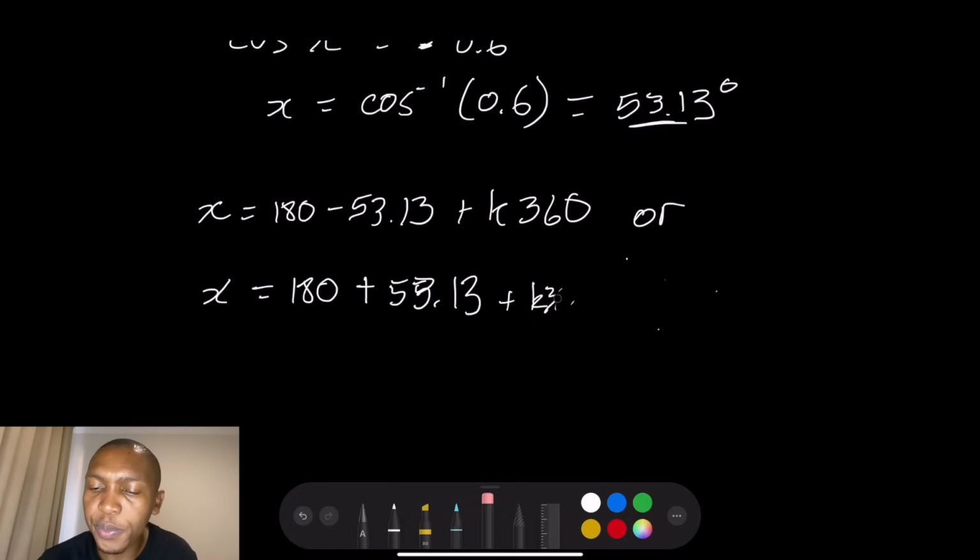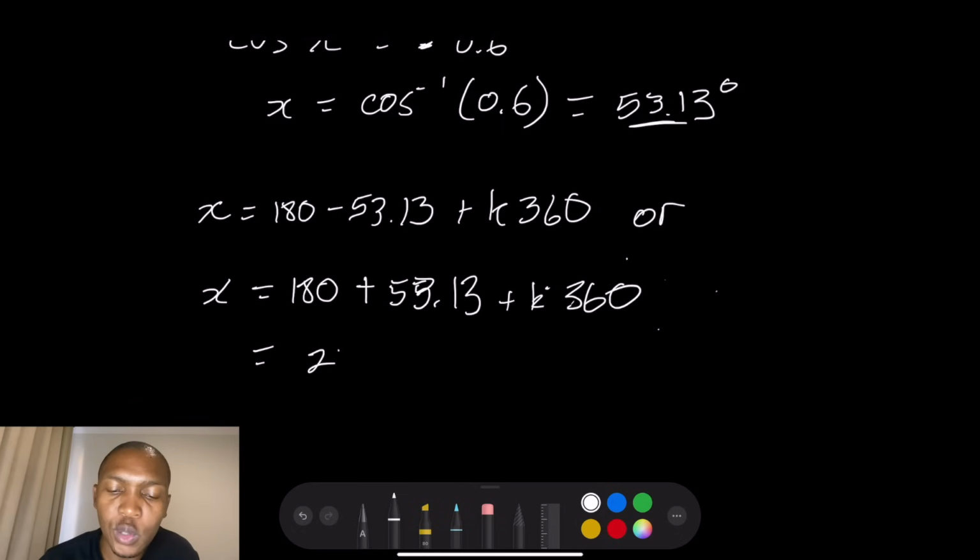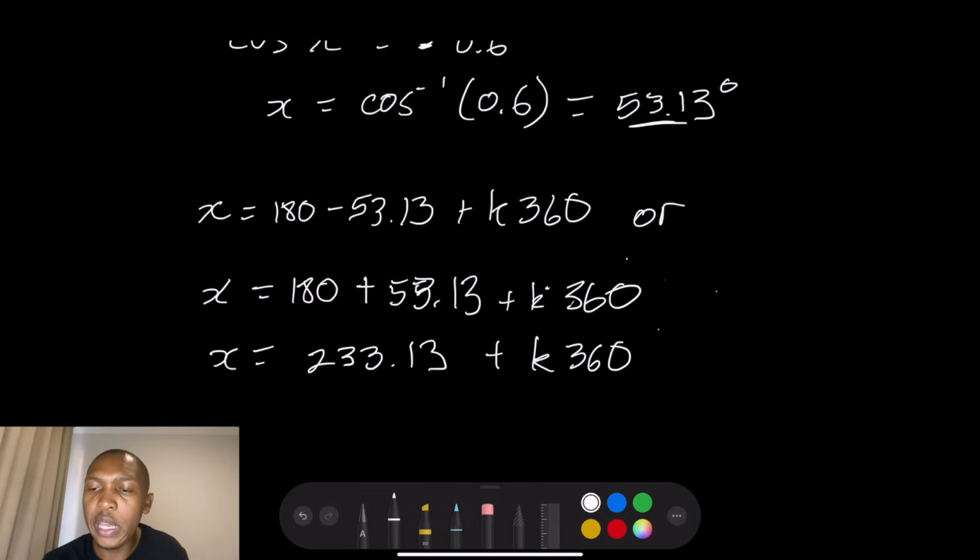Okay, so this is plus k360. And so your solution would be 180 plus 53.13, and what I get is that value that I got there, which is 233.13 plus k360, and those are my two solutions.